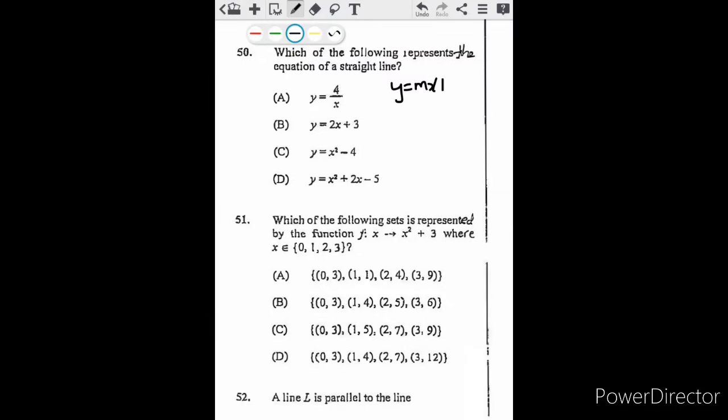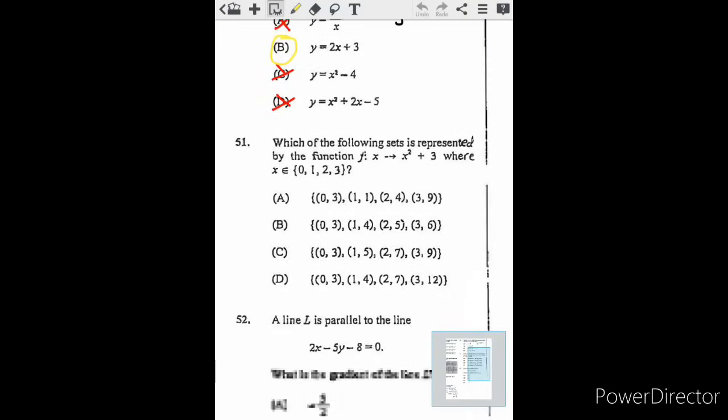So we already know that C and D are out because they have x squared, and we're not dealing with x squares in a line. That's only for a quadratic. So that's C and D gone. A is gone as well, so we already know B is the answer. Yeah, because that's 2x plus 3.